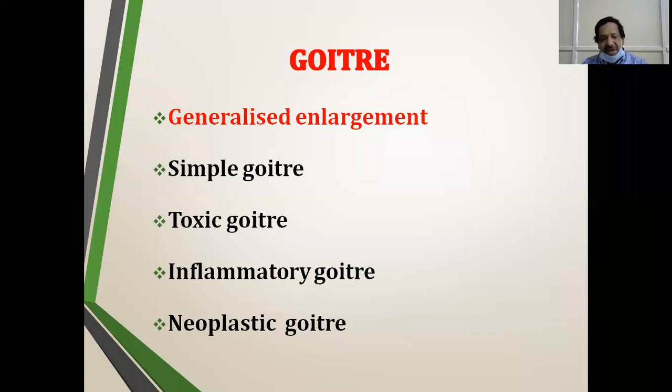It may be bacterial, it may be autoimmune, it may be anything that produces inflammation, that is inflammatory goiter, commonly known as thyroiditis. Neoplastic goiter, that is a new growth. You are fresh from pathology, you know the meaning of neoplasia. It may be benign, or more commonly, it is malignant. That is called neoplastic goiter.